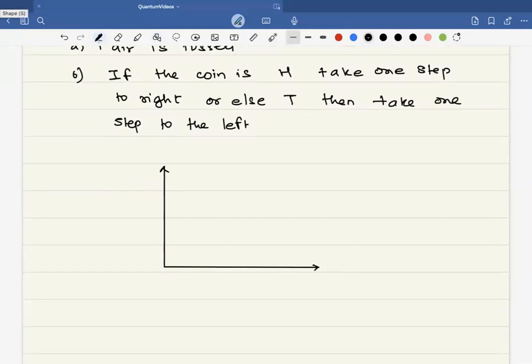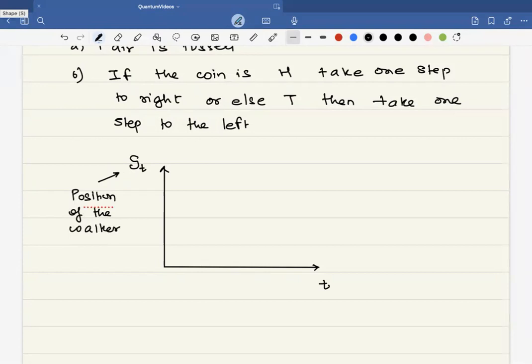So on the x-axis is time or number of coin tosses. And so time is discrete over here. And on the y-axis is the position of the walker.